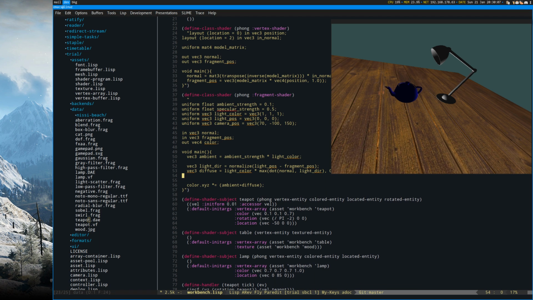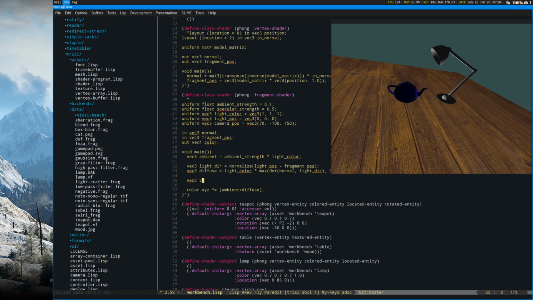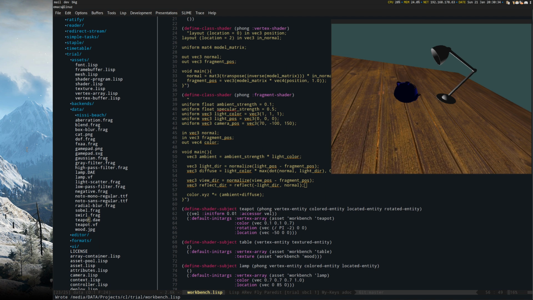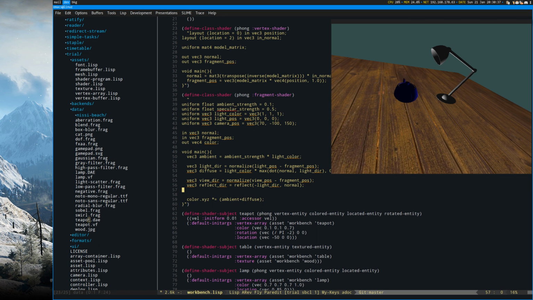Alright. Reflect is a built-in function, so we can just use it to handle the calculation for us. It's nice.